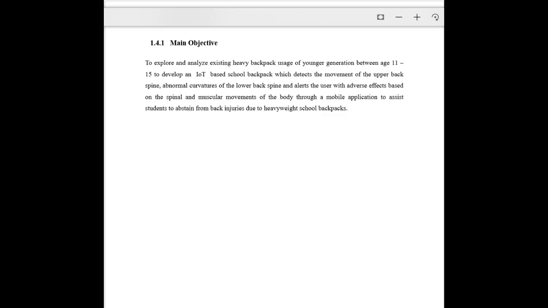As mentioned here, the objective is to explore and analyze existing heavy backpack usage of younger generation between 11 to 15 to develop an IoT based school backpack which detects movement of the upper back spine, abnormal curvatures of the lower back spine, and alerts the user with adverse effects based on the spinal and muscular movements of the body through a mobile application to assist students to abstain from back injuries due to heavyweight school backpacks.